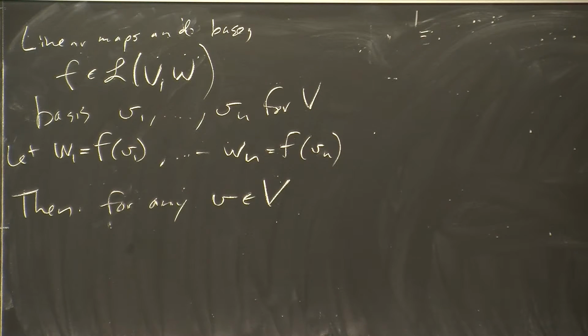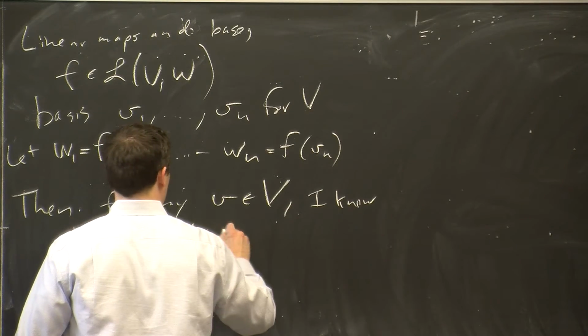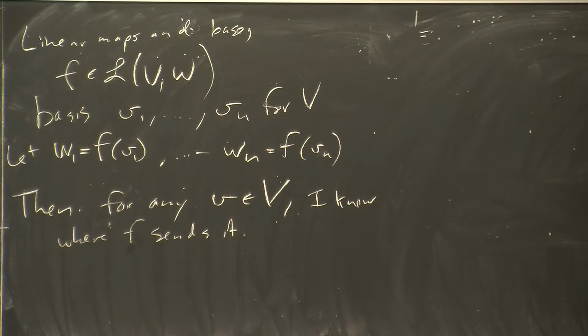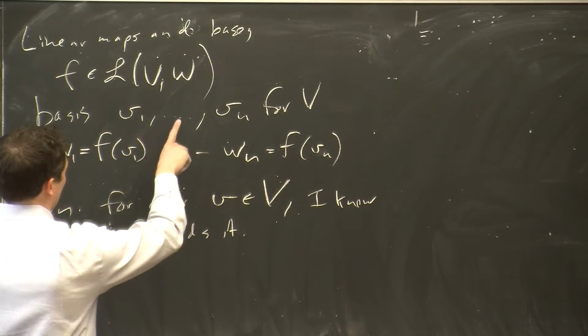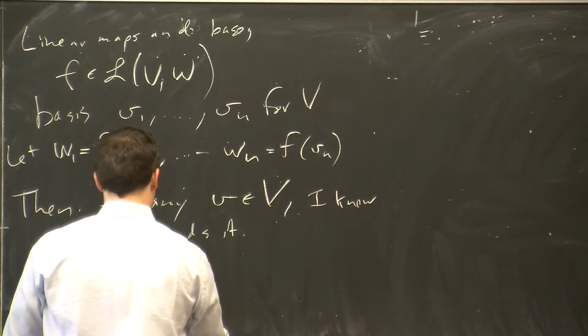Why is that? Because this is a basis for V, whatever vector I choose in the vector space V, I can always write it as a linear combination of elements in this basis times field coefficients.